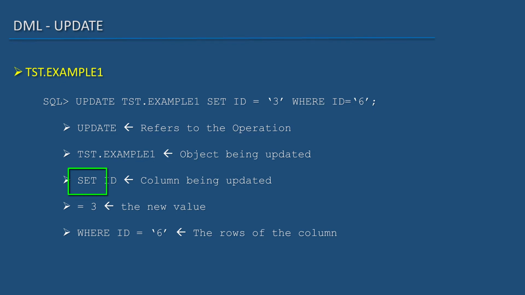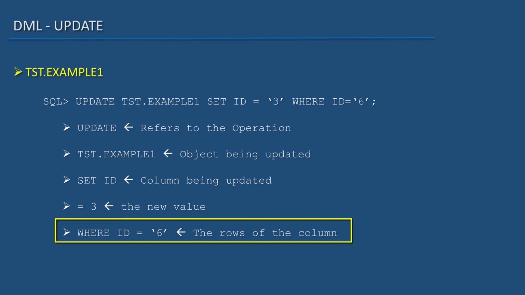Set is part of the update syntax indicating the specifics of the modification, and that specifics will contain the column name which is being modified, which is the column id in this case, followed by the new value. In this case it is 3.